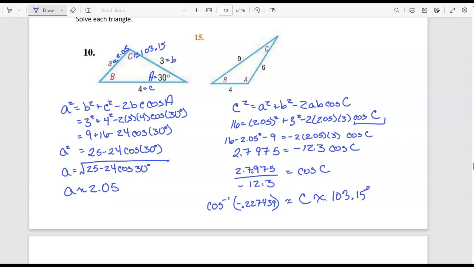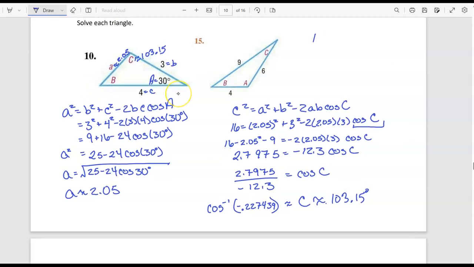So this is about 103.15. To find the remaining angle, remember everything adds up to 180 for a triangle.